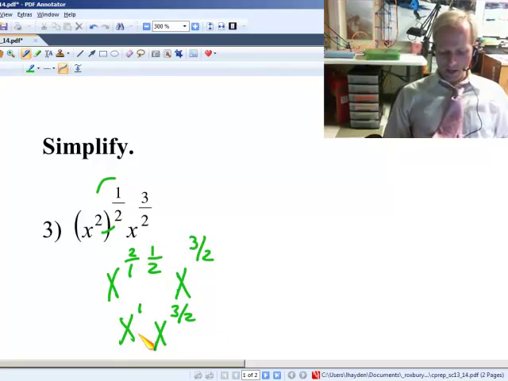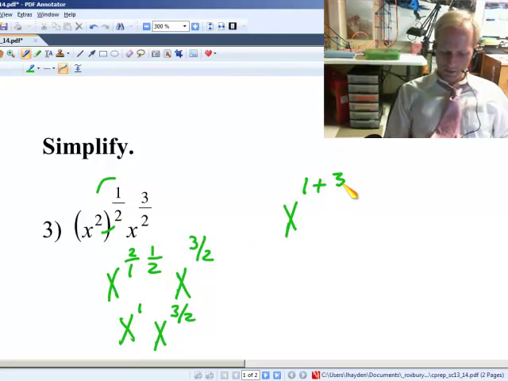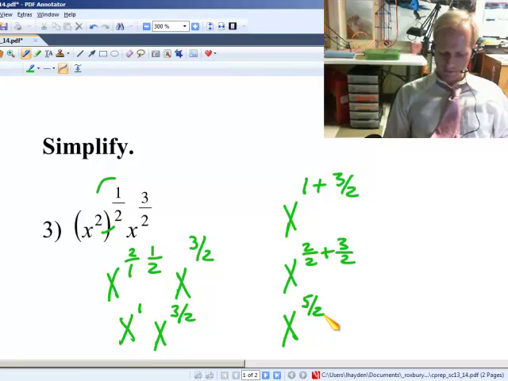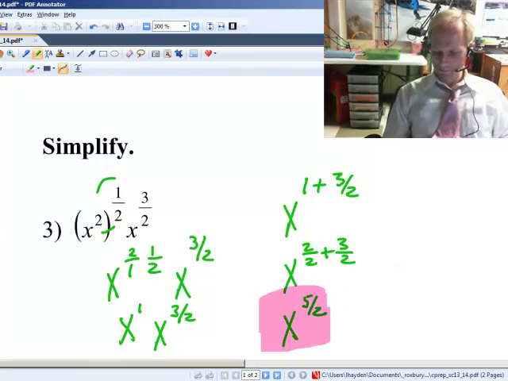And now I have the product rule, so I'm going to keep the base and add the exponents together. That's going to give me 1 plus 3/2, and to add 1 and 3/2, I turn 1 into 2/2, add it to 3/2, and I get x to the 5/2. And I'm all set.